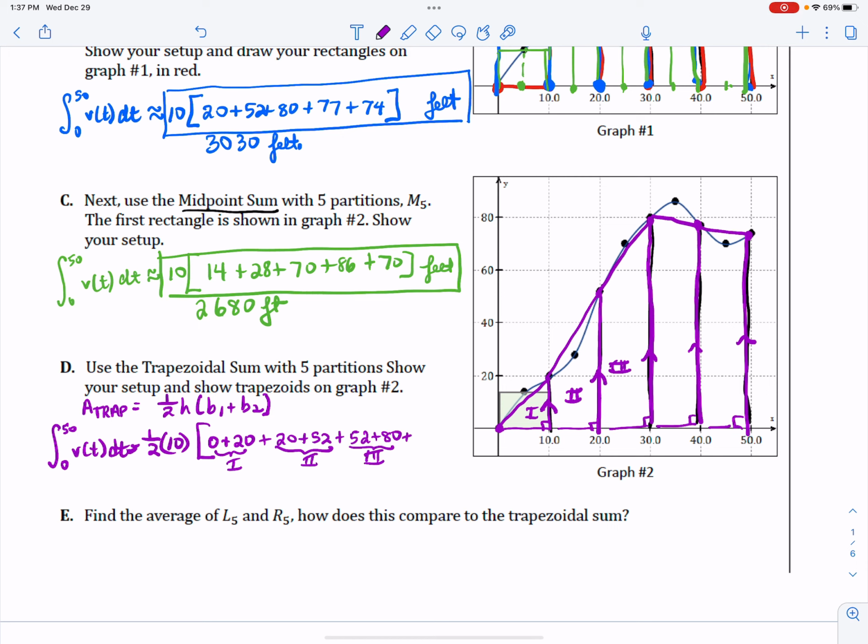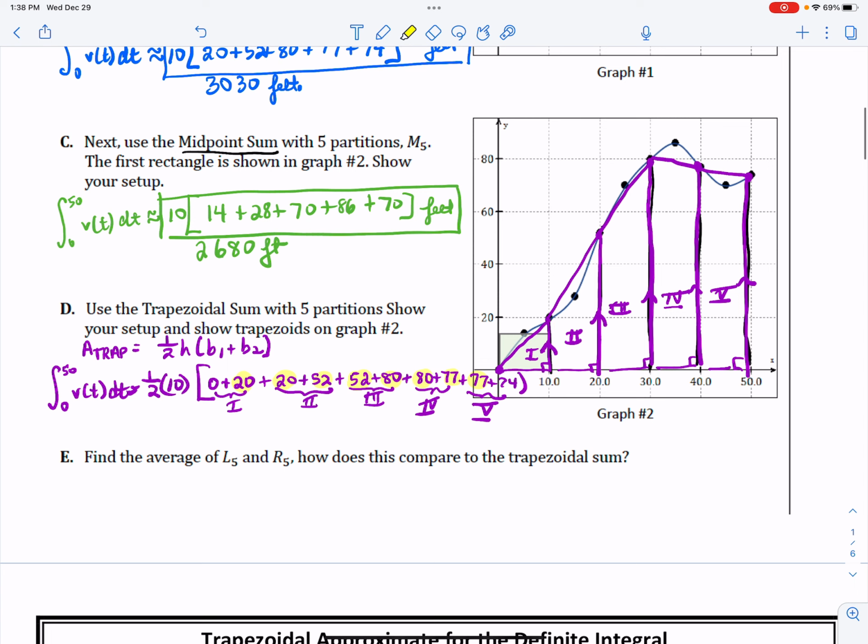For 4, the bases are 80 and 77. And for 5, the bases are 77 and 74. So notice that the bases on the inside are always doubled, but the bases at the very ends only are counted once.